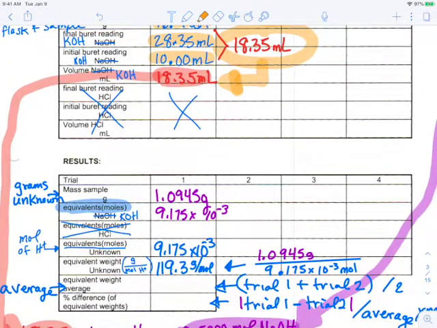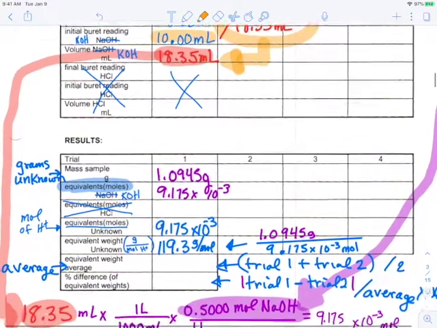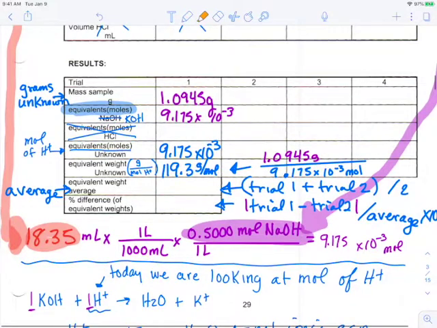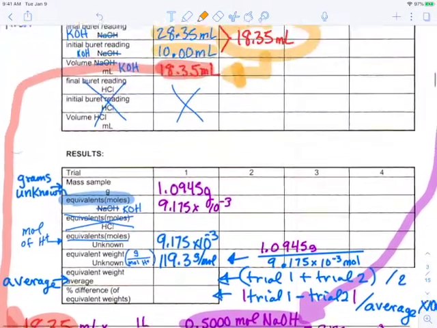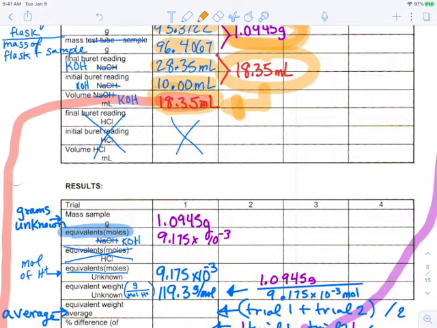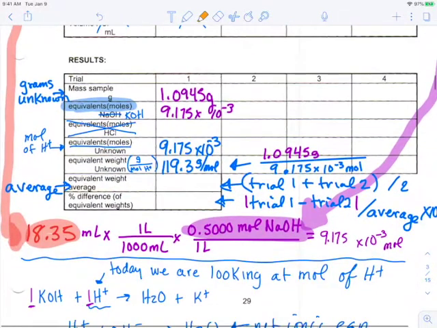Next up, we need to know the equivalent or the moles of KOH. And how you're going to find that is right below here. So you're going to take the volume of your KOH, which we found right here. It is now right down here, 18.35, and you're going to convert it into liters. If you want to convert it to liters in your head, that's perfectly fine. And you're going to multiply it times your molarity.